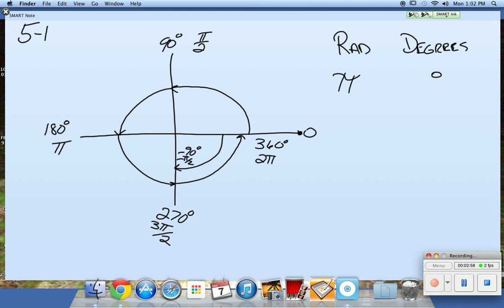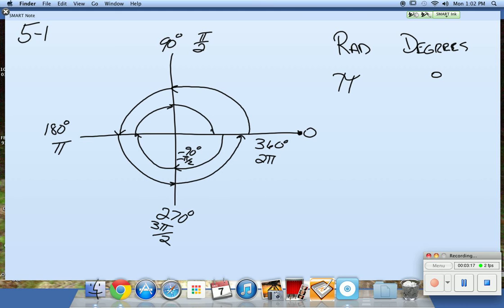And as we work our way back up this way, we're at a negative again. Negative pi or a negative 180 degrees. Negative 270 degrees or a negative 3 pi over 2, and then back around.